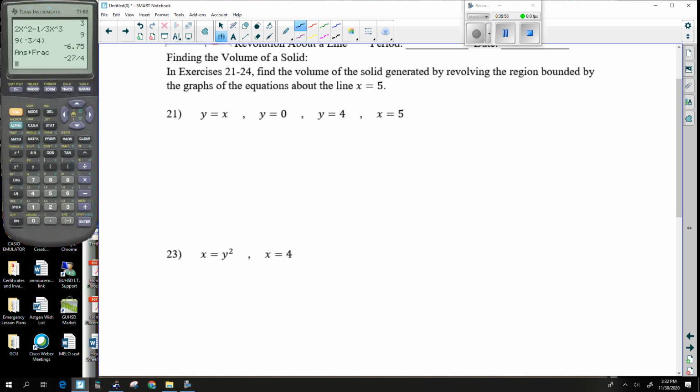All right, so here we go. Find the volumes generated around x is equal to 5, okay? So we have y is equal to x, y is equal to 0, y is equal to 4, and x is equal to 5.